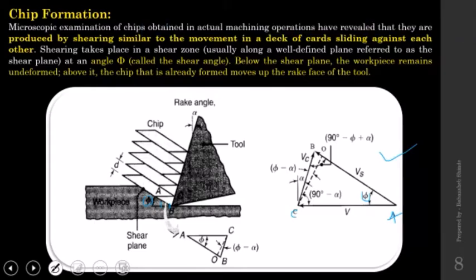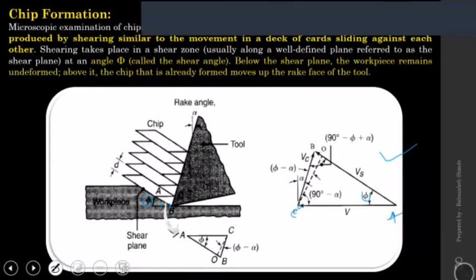And from C, if I draw a line perpendicular to this side AB, suppose I get the point O. Now in this triangle, the inclination of the shear plane, this is actually our shear plane, its inclination with the horizontal is phi.